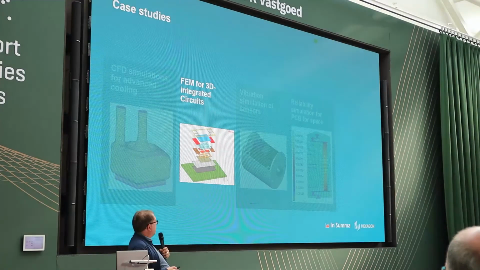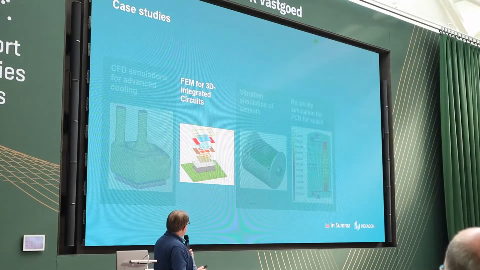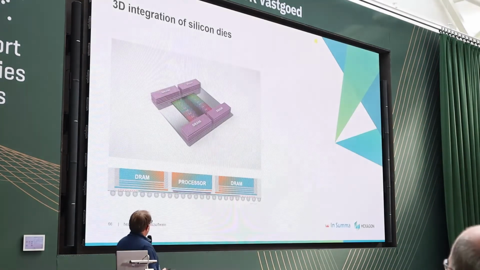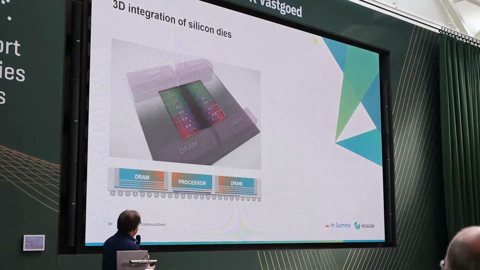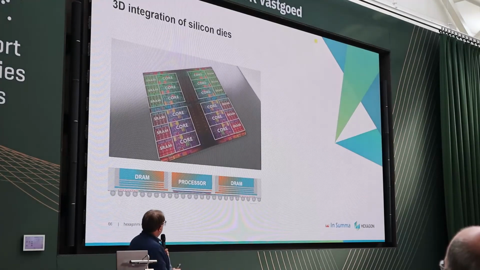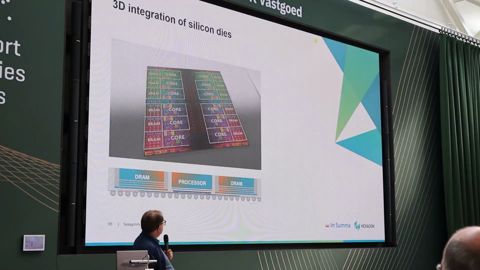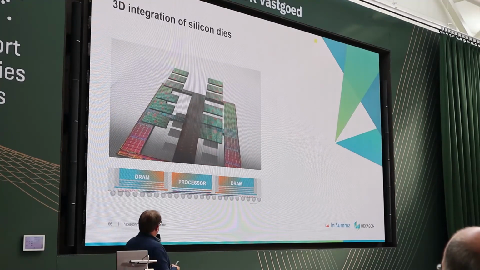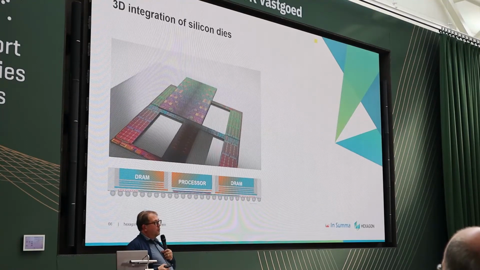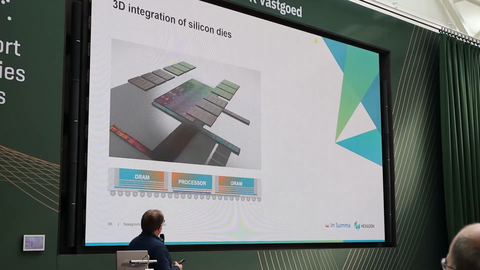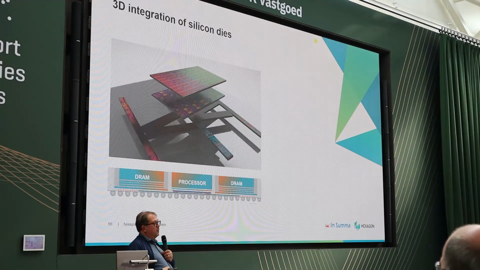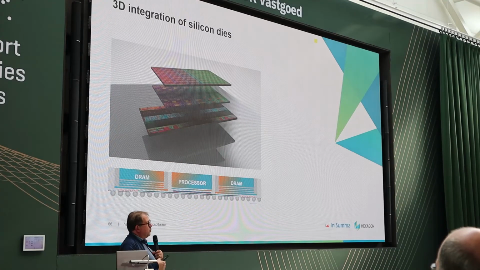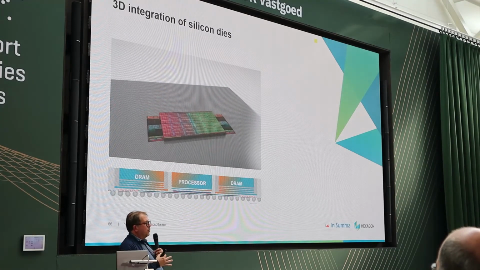The next example is the 3D stacked devices in microelectronics. You see here a movie. Instead of having all the logic, processors and memory in one chip, the industry prefers to have them in separate chips and put them together in a kind of multi-chip mode, to save space and make it as compact as possible.